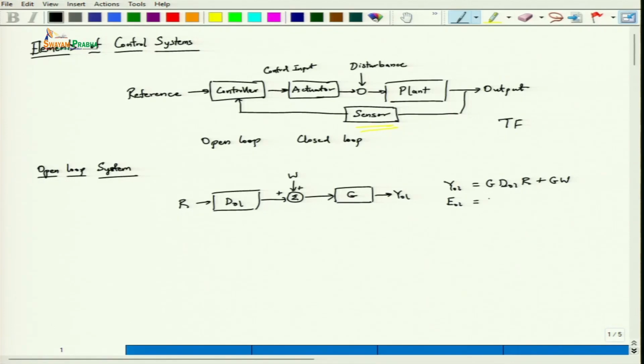Now if we want to write the error, which is the difference between the reference and the output, then we get 1 minus G DOL times R minus G W, and we represent this open loop dynamics G DOL as TOL. Now that is about the open loop dynamics.